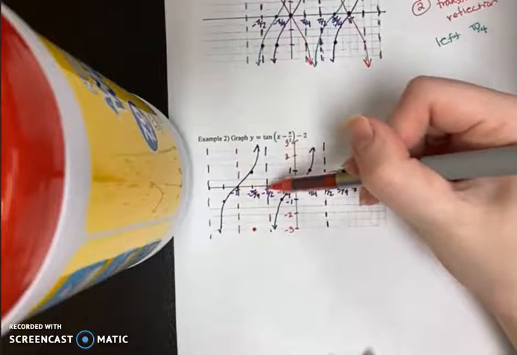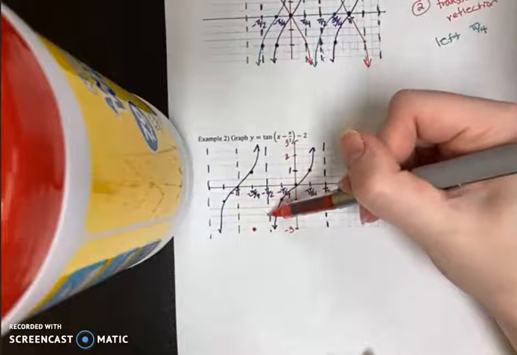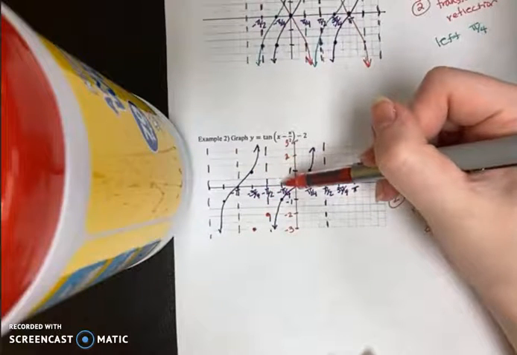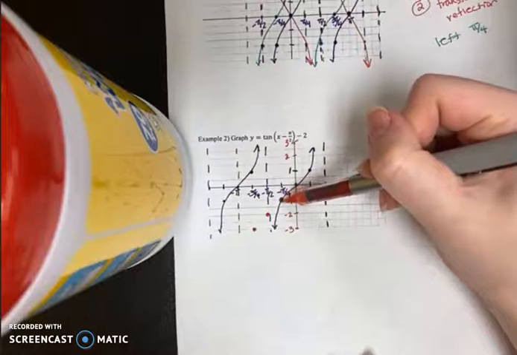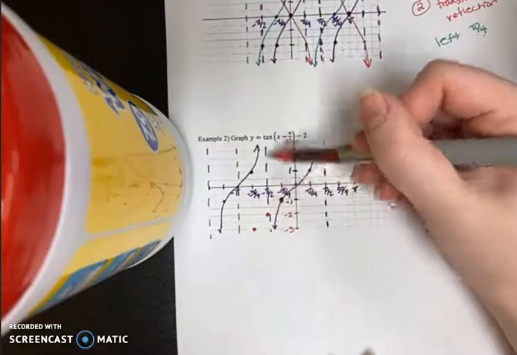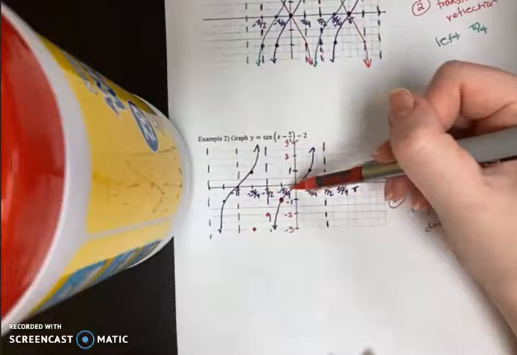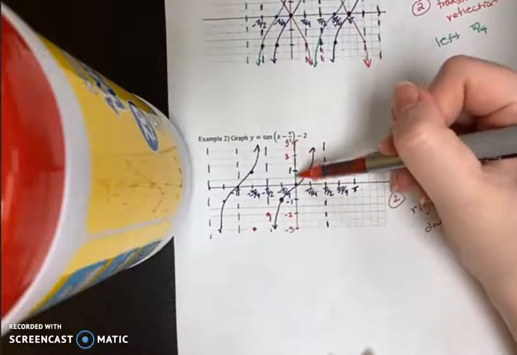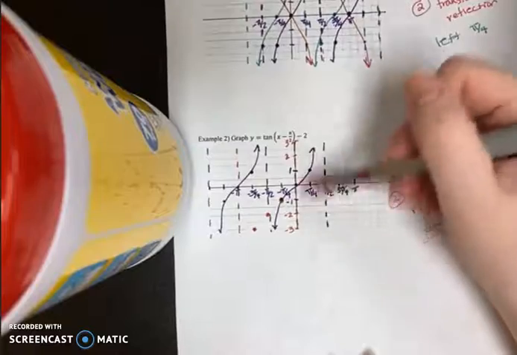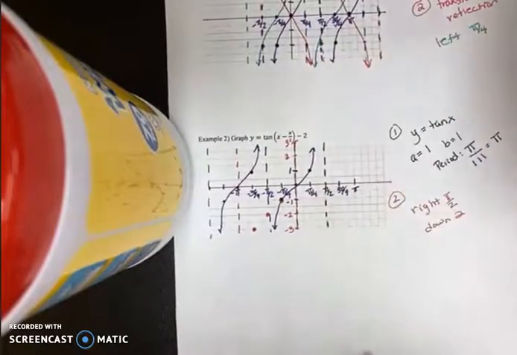Next coordinate right, down. Next coordinate right, down. The asymptote originally is at negative pi over 2, but now when I move it right, it goes to 0. And when I move it down, you can't really tell because it's already a vertical asymptote.